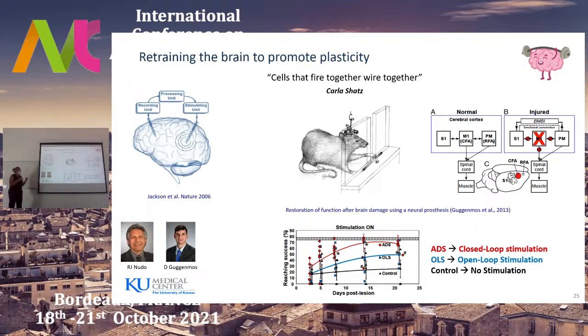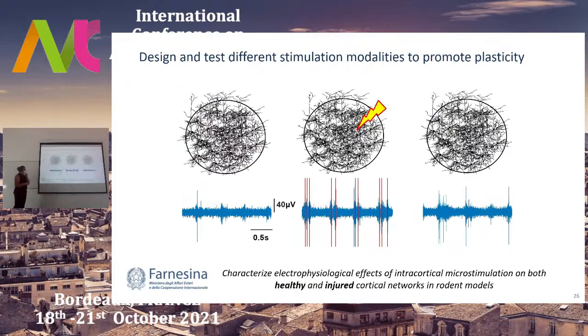And how to change it is provided by investigating better what happens at the level of the electrophysiological activity of these networks. So that's why we were interested in better understanding and going into the details of the electrophysiological activity exhibited by the networks that are involved in this artificial pairing.